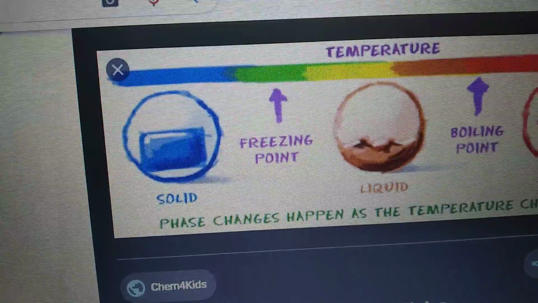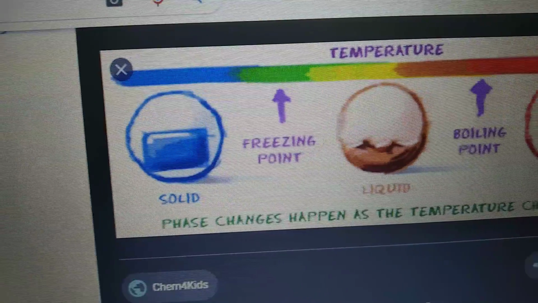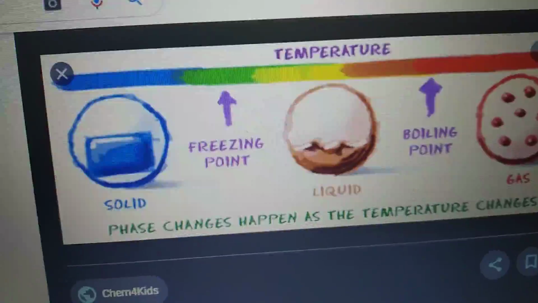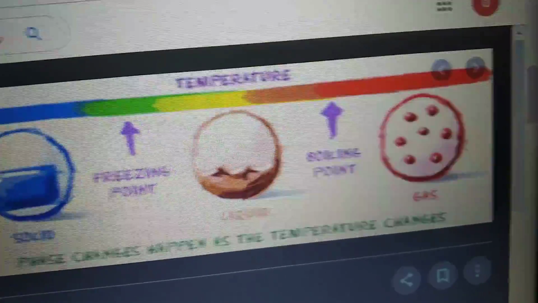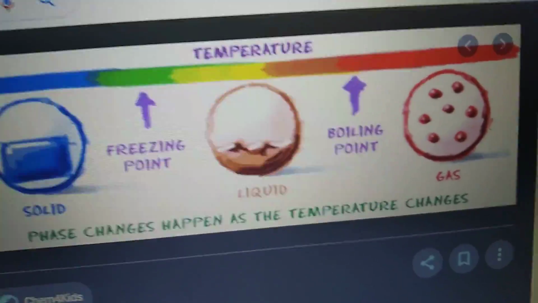So see here, solid. If you take an ice cube, what happens? At some melting point, it converts to liquid. At some boiling point, it converts into gas.